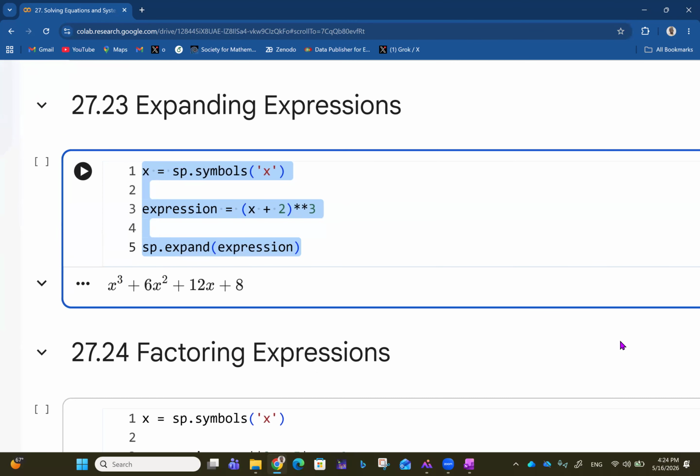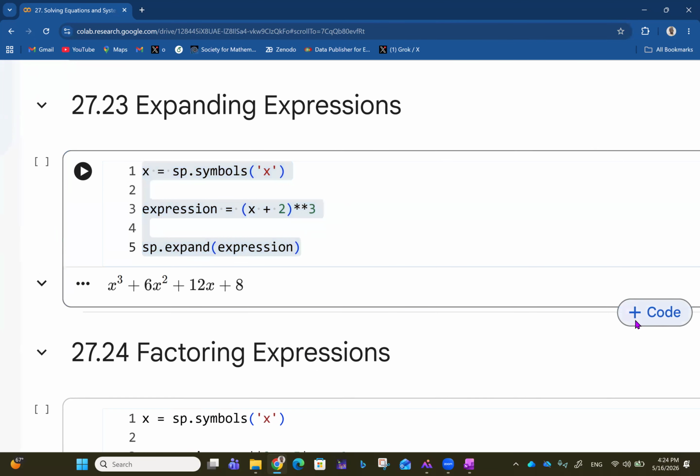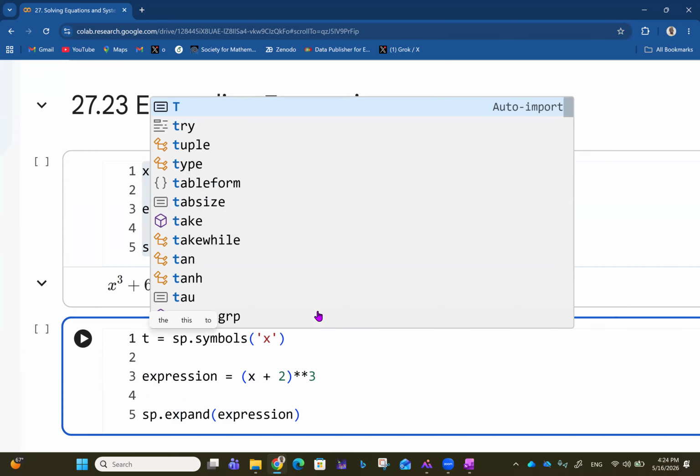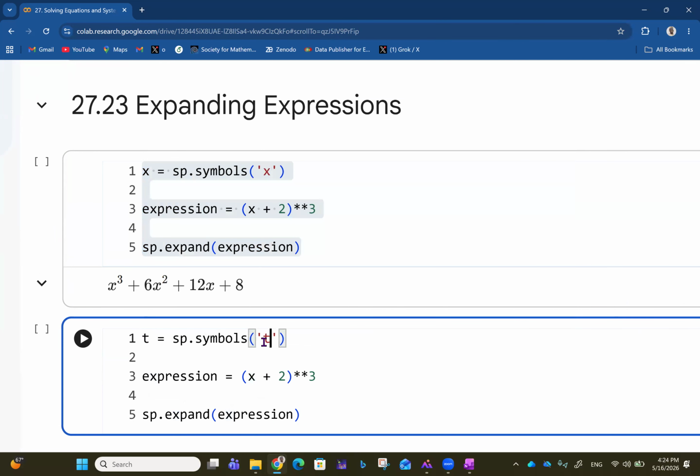It could be you putting together various expressions. Let's do something in terms of t, for instance. So the symbol is t, and then you have x equals t plus 2 times t plus 2 times t minus 1 times t plus 4.